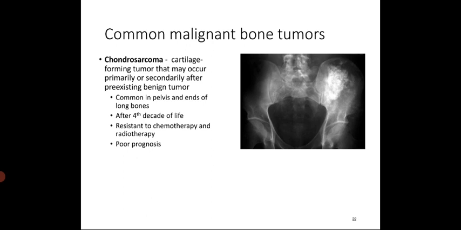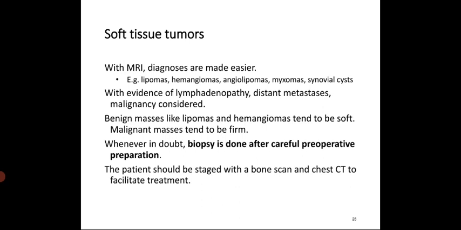It's usually common in the pelvis and ends of the long bones, and it occurs in the fourth decade of life. It has a poor prognosis because it's resistant to both chemotherapy and radiotherapy.